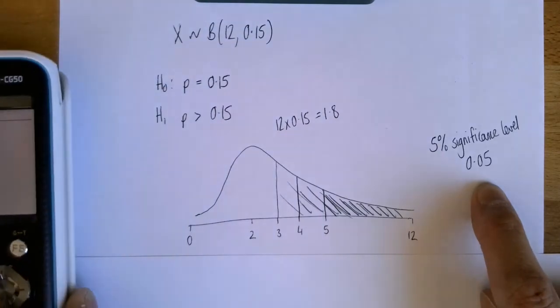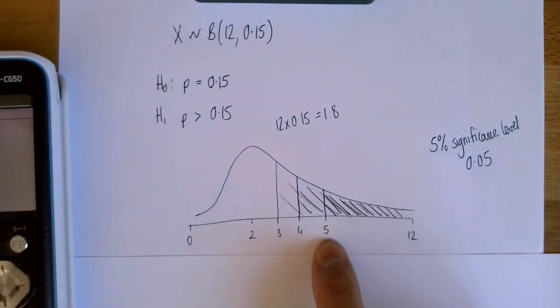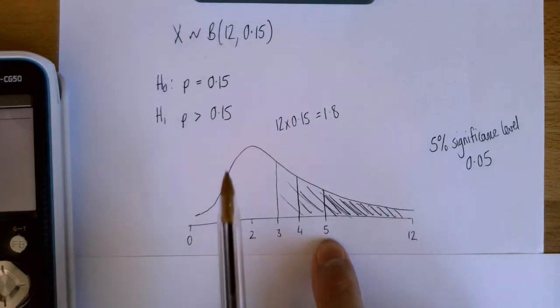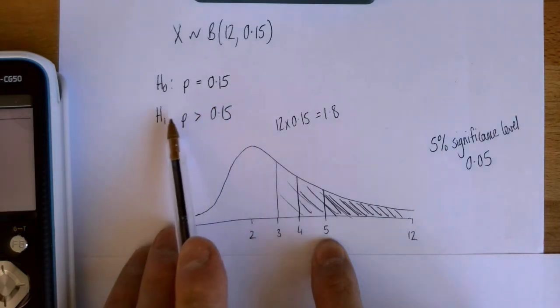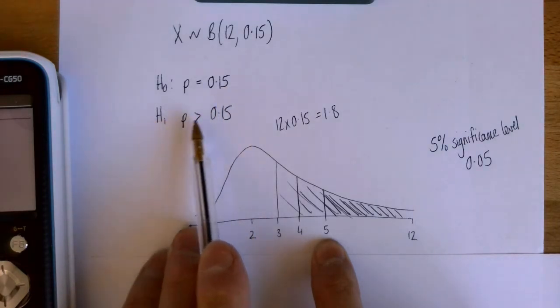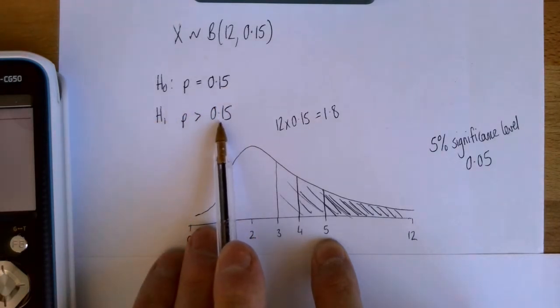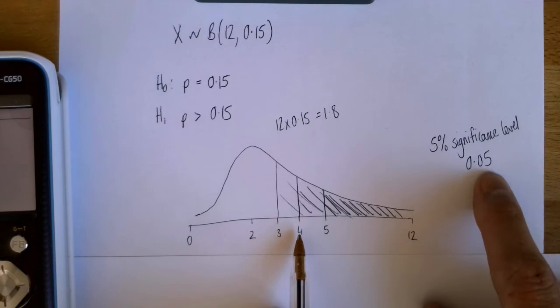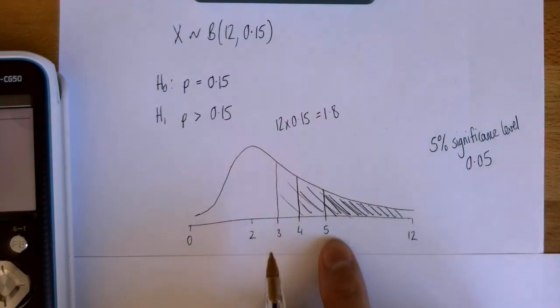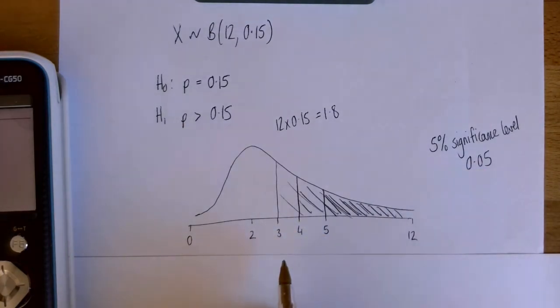So if I get 5 broken eggs in a packet, then I start to get to the point where I say, right, I reject the null hypothesis, and we have sufficient evidence to suggest that the probability might be greater than 0.15. And so 3 broken eggs in a packet, not worried. 4 broken eggs in a packet, not worried at the 5% significance level. 5 broken eggs in a packet, worried.